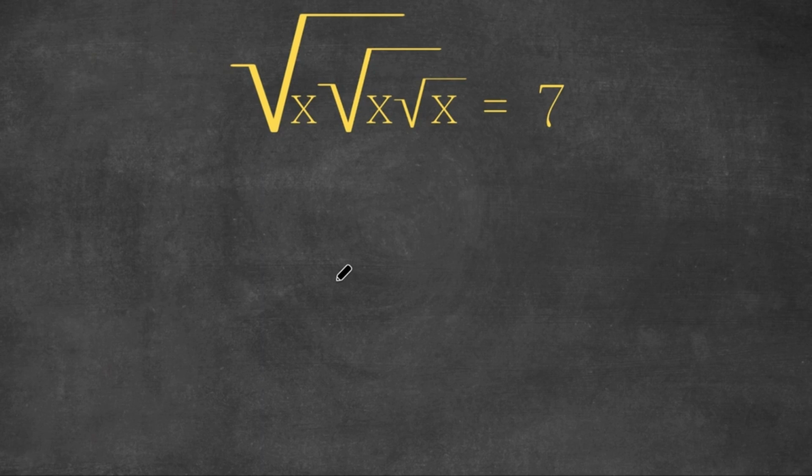In today's video, I'm going to be teaching you guys how to solve this algebraic problem. So we have the square root of x times the square root of x times the square root of x, and this is equal to 7. So what I'm first going to do is square both sides.